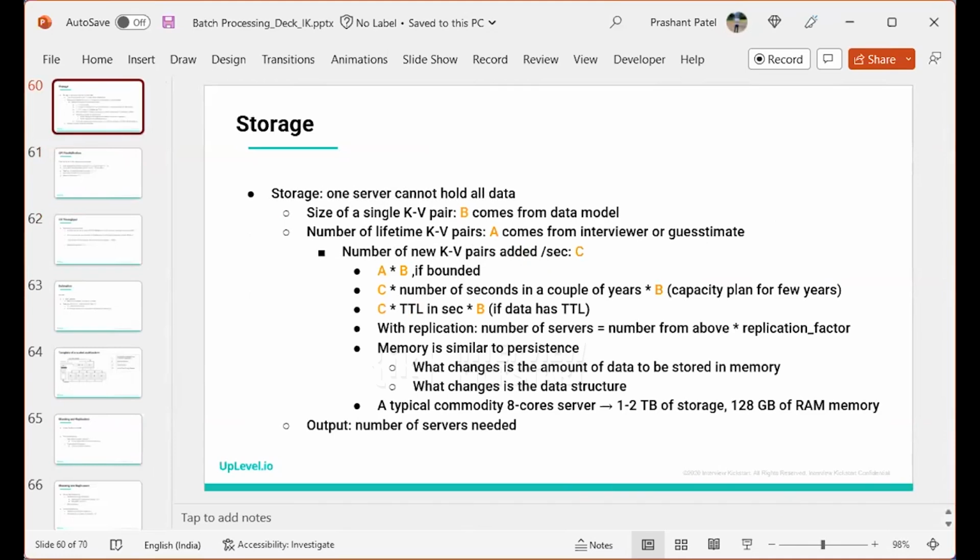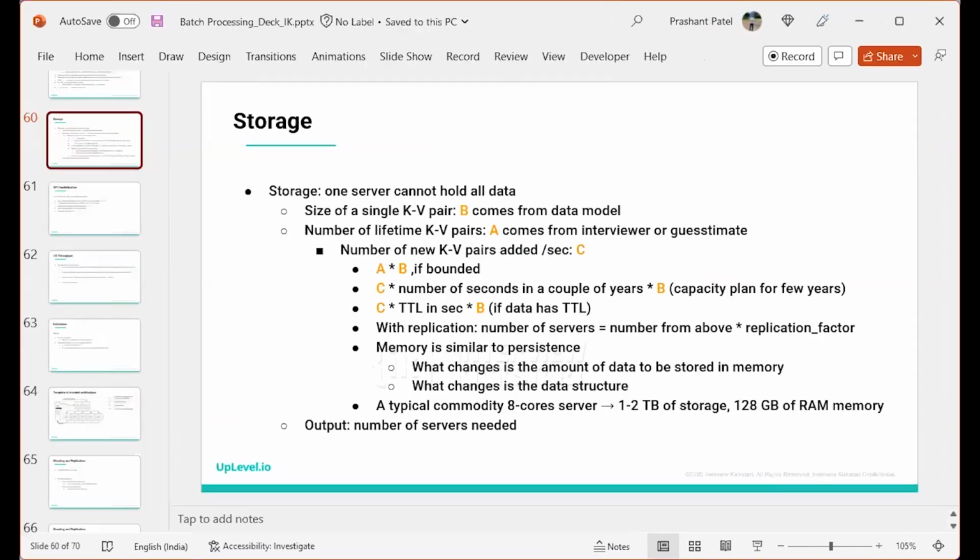So for storage, the idea that we will discuss is that you probably have to go some extra steps to calculate the data generated for each connection creation. Accordingly, you can decide how many servers you have to go with.